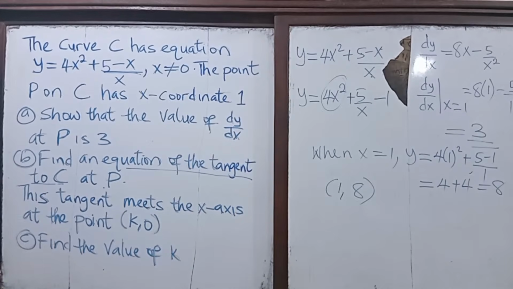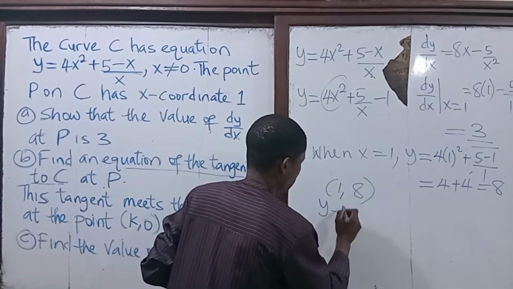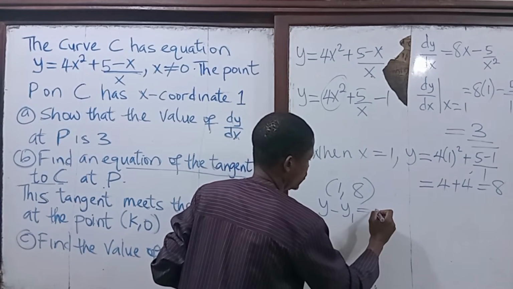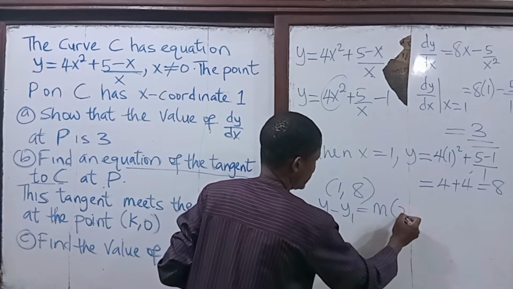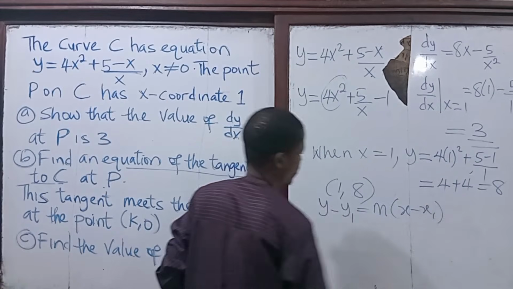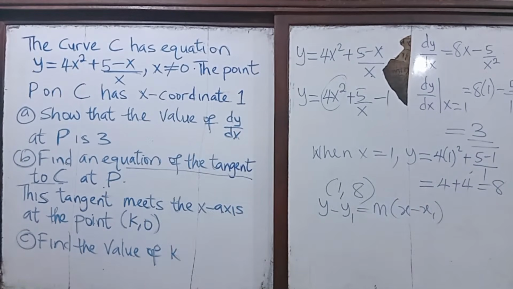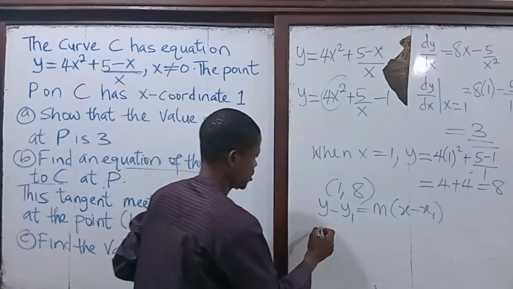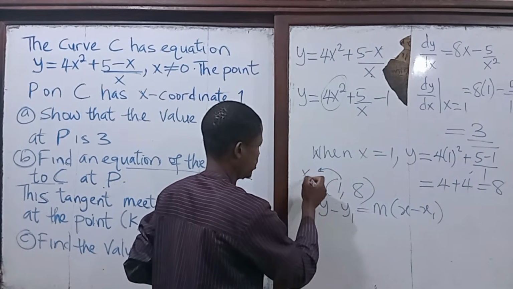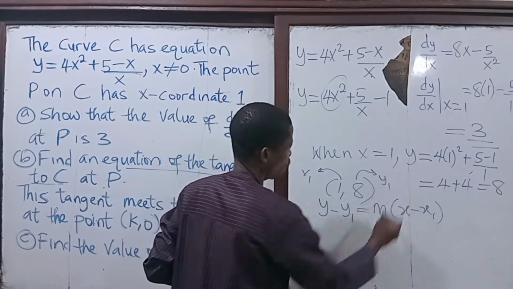Okay, so we can quickly get the equation of tangent using your formula. y minus y1 equal to the gradient times x minus x1. This is my x1, this is my y1.